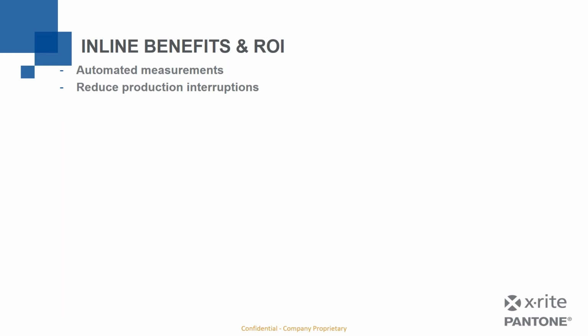Let's say you pull a sample and you go test it. You say, oh, color's off. Well, how much bad color have you produced in the time since you last checked it? So the fact that you're doing automated measurements during production can really reduce your waste and how much off-color material you produce. That's really where the ROI is coming in.